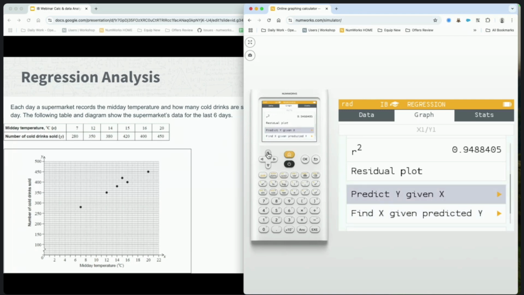Predict Y given the X, which IB says not to do, so I don't ever use that one. No, that's the one I do use. Predict Y given X is what I use. Predict X given Y is the one the IB application says never to do. They might ask the kids to do it and then say, is this valid or not?